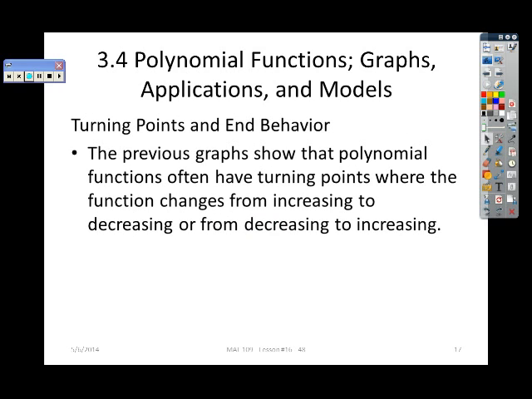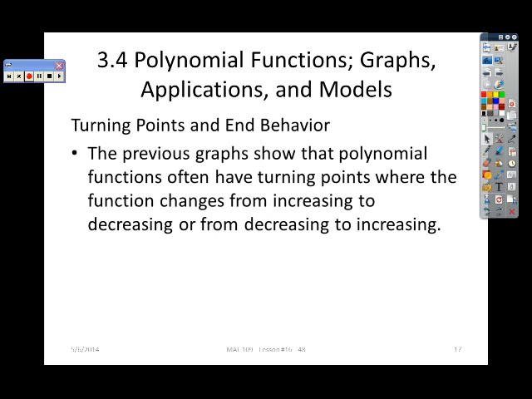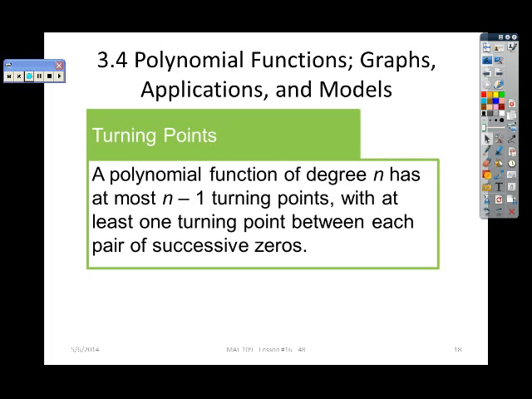And something we saw on earlier slides, sometimes a graph will be moving in one direction and then it'll turn around and go the other. The point where it stops going down and starts going up is called a turning point. And one of the facts about polynomial functions is that it will have fewer turning points than the degree of the polynomial.